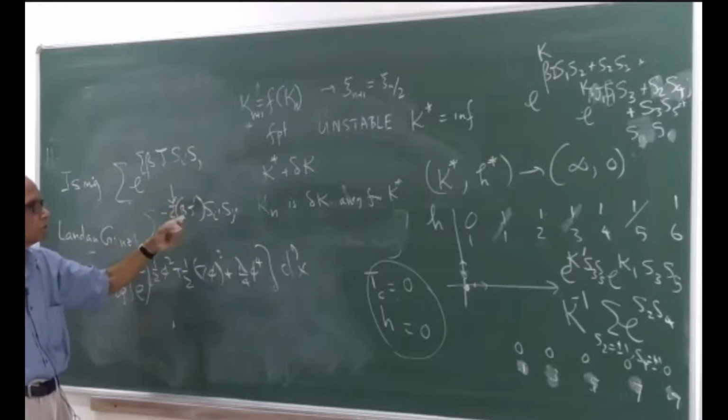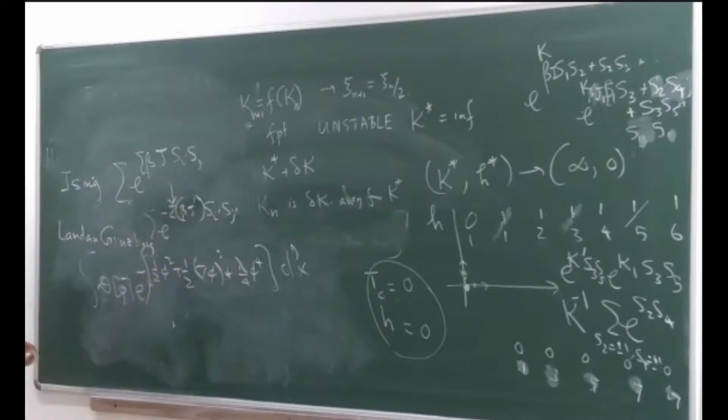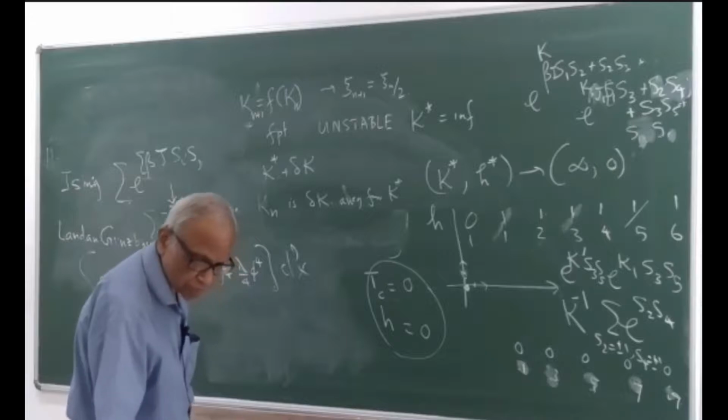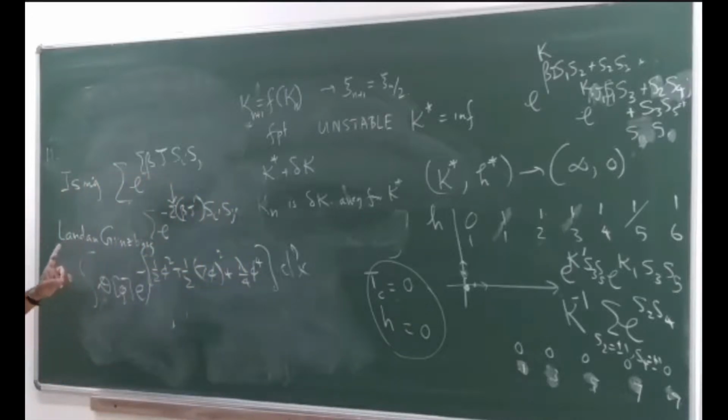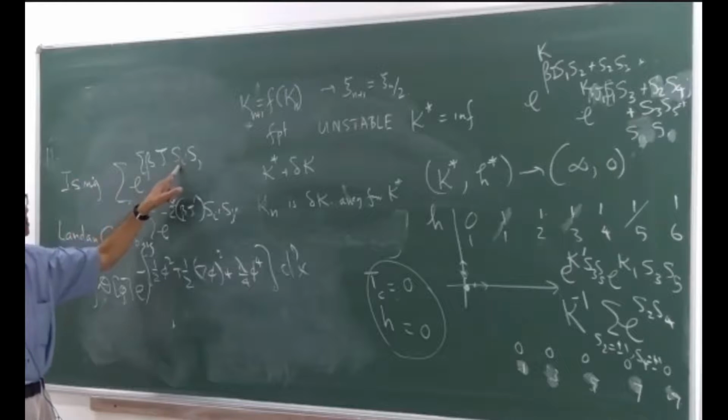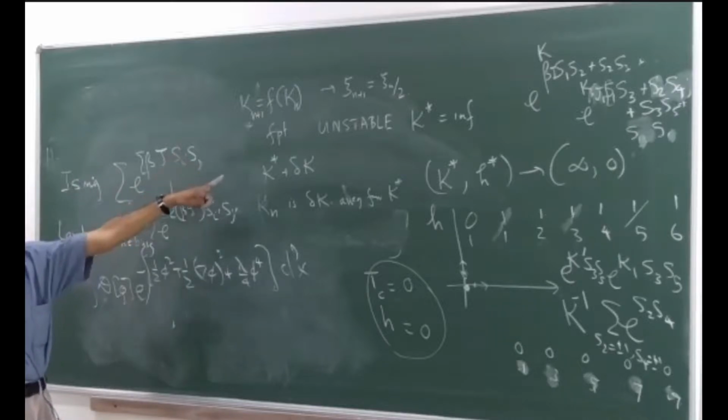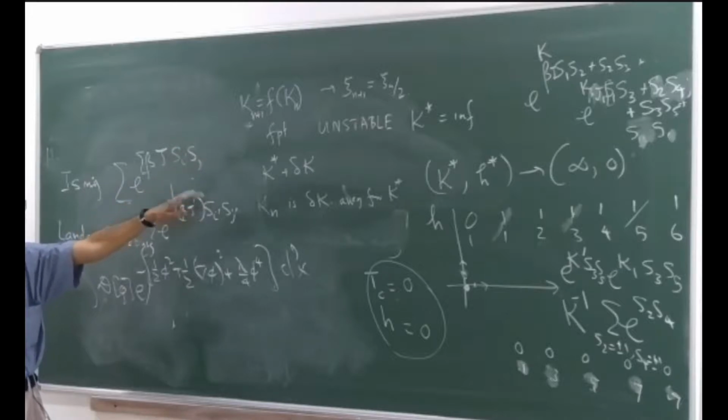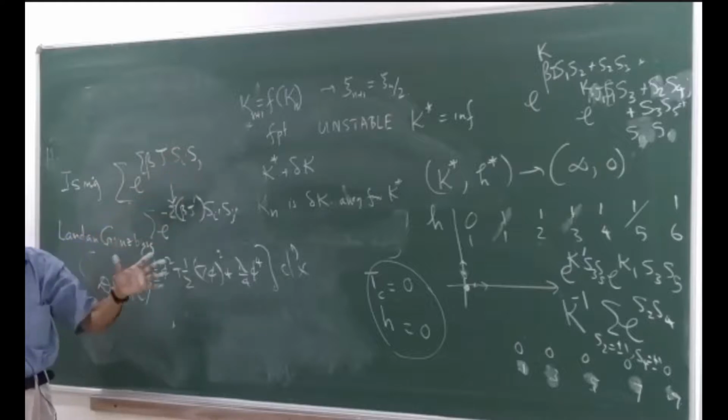So this process can generate new coupling constants, and you have to make sure that they are not going to spoil things for you. Therefore the whole business of this formulation is that I start with not just S_i S_j, I have S_i S_j S_k, S_i S_j S_k S_l, and that is the complete story.